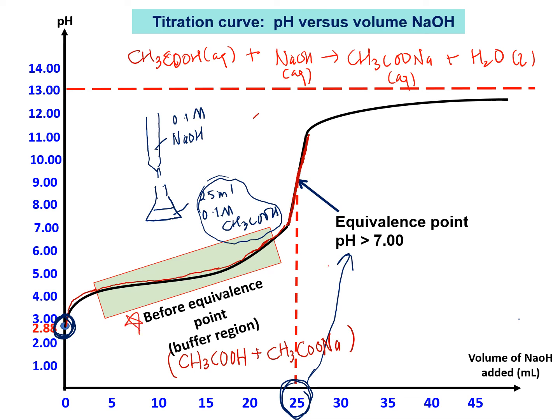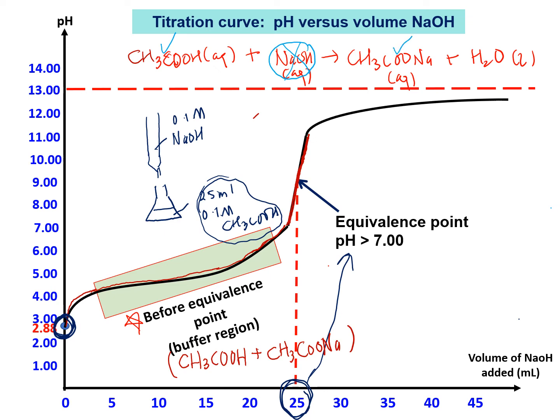Okay, equivalent point dekat sini, so this is before. So like I said, setiap kali kita masukkan sodium hydroxide, okay, each and every time we add sodium hydroxide akan all been used up. So yang tinggal adalah baki acid kita yang belum habis bertindak balas, and also the salt.